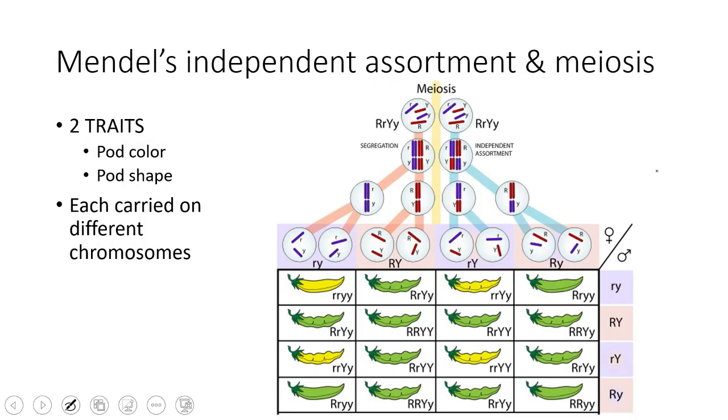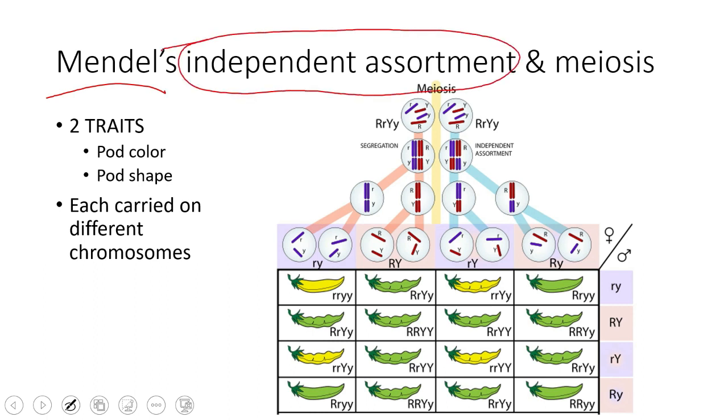And this is where we finally get back to Mendel when he talked about independent assortment. He talked about this a half a century before anybody even knew about meiosis. And this deals with 2 traits. In this case, on the Punnett square, pod color and pod shape.